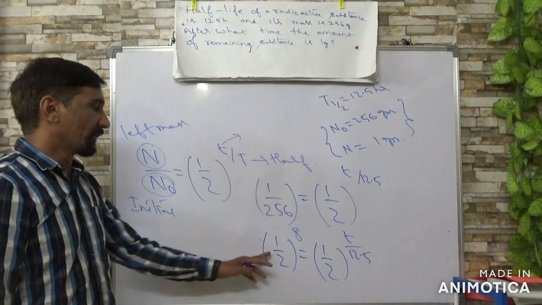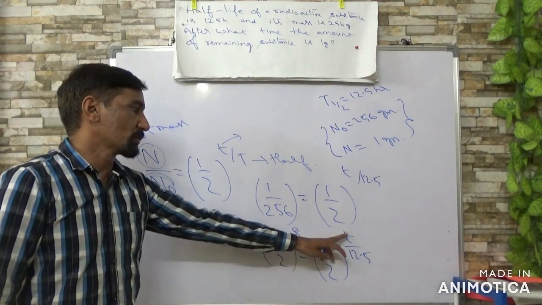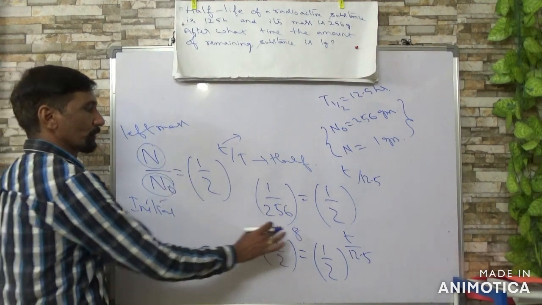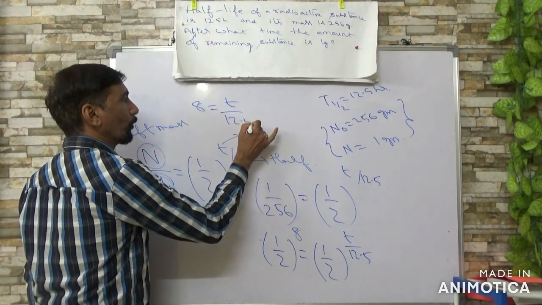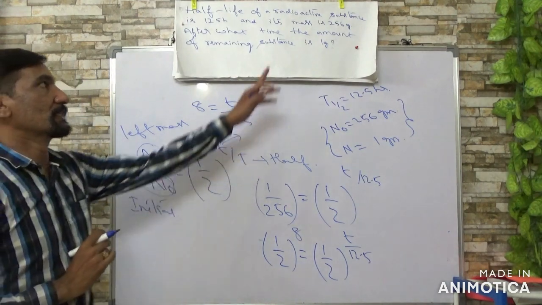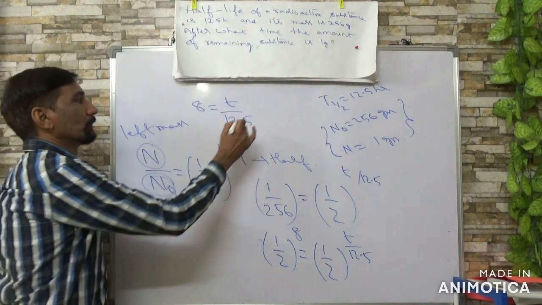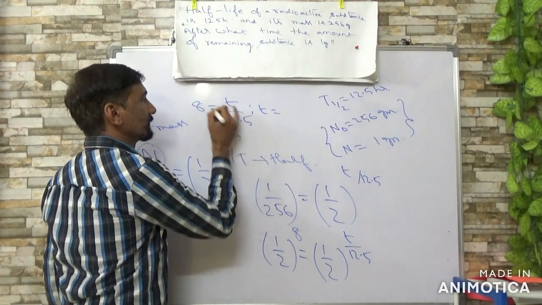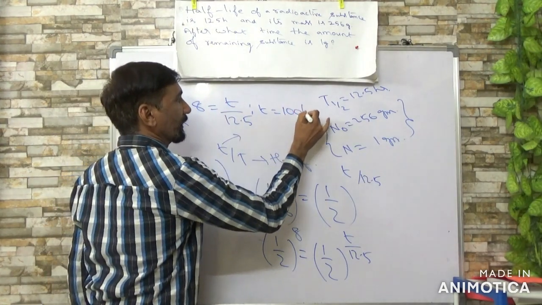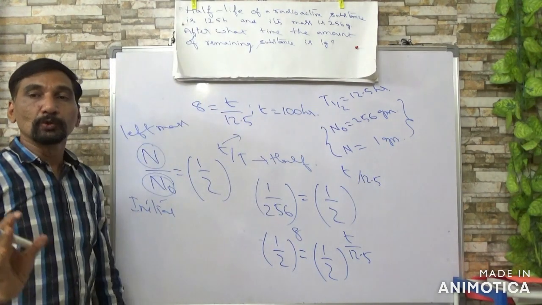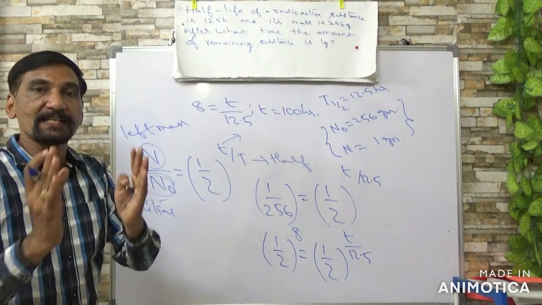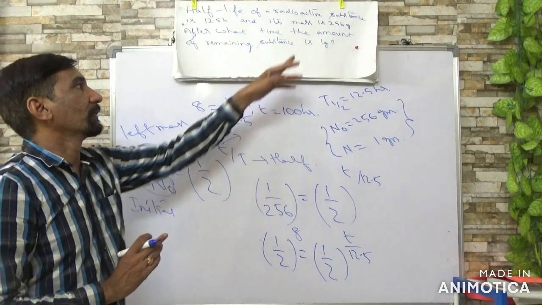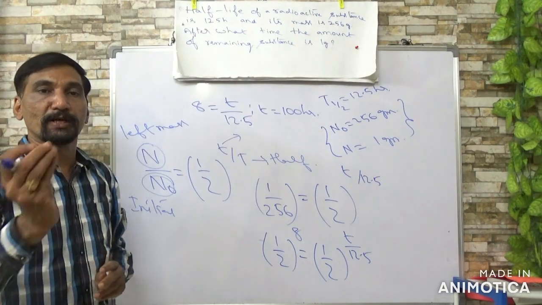Whenever bases are equated, powers are also equated. So 8 is equal to t by 12.5 hours. So time taken is 100 hours.